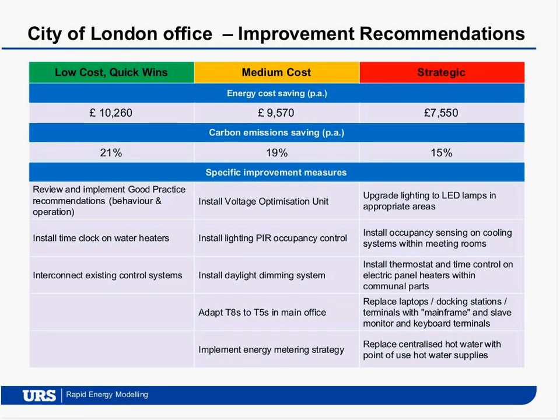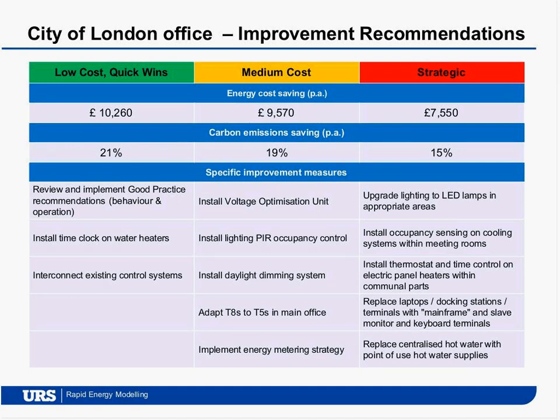So from that rapid energy model, we identified again a series of improvement opportunities, including on the lighting system. We quantified those in terms of estimated costings and whole life cost, and ranked them in order. So the green ones are the things they should do straight away.